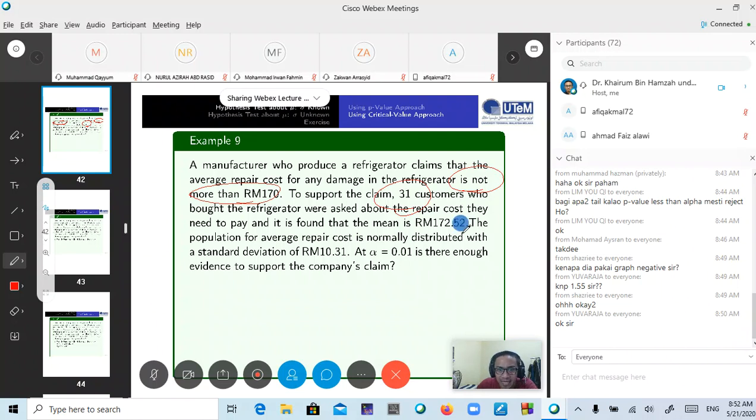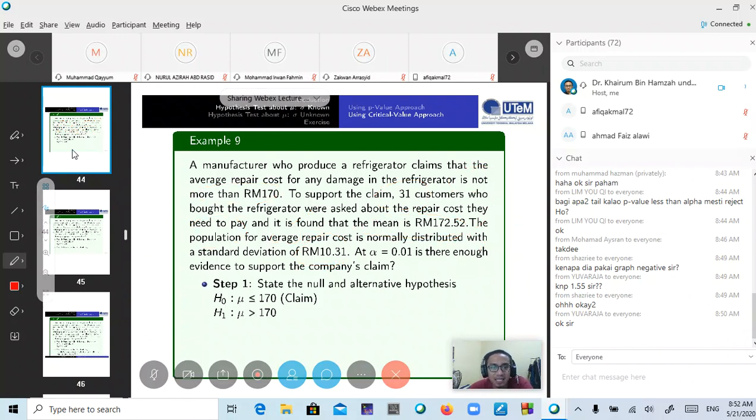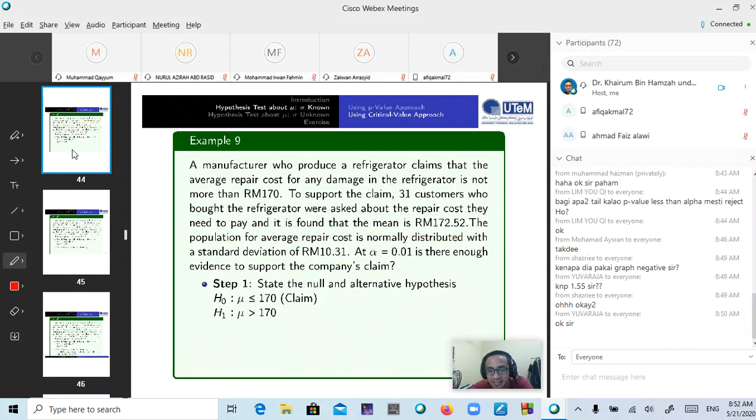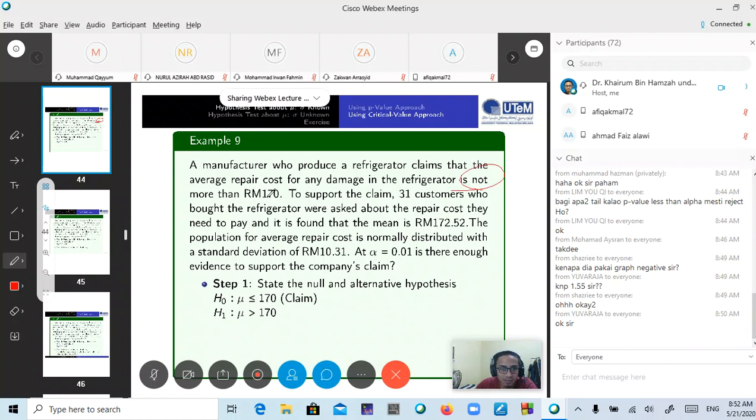Then the mean, which talks about the sample, is your X bar. Then the standard deviation, the population one, is your sigma. Okay, you want to use the critical value approach. The first step is the same: identify the null and alternate hypotheses. So your H naught is your claim, because not more than means less than or equal to 170, which is your claim.